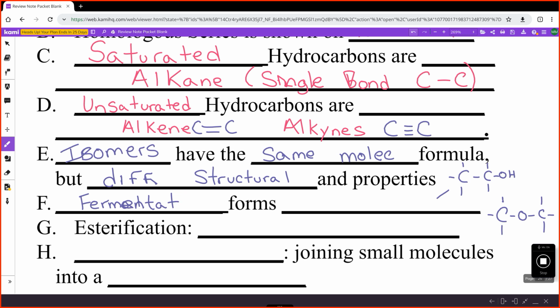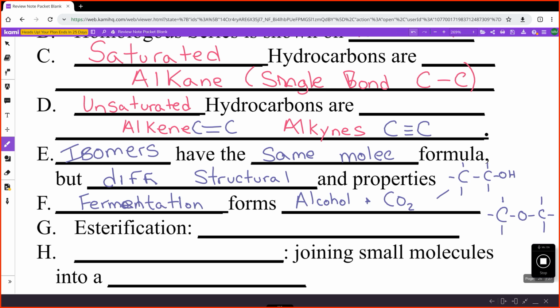You can always determine an organic reaction is fermentation because the products will always result in an alcohol and carbon dioxide. If those are your products, the process is called fermentation. Process of making an alcohol.